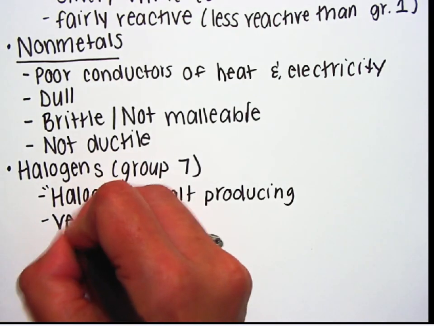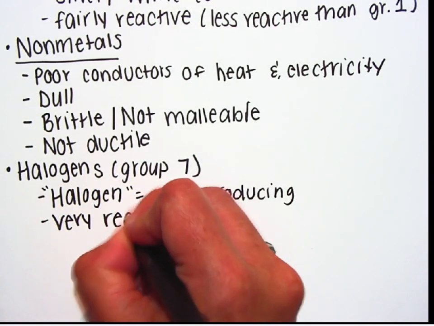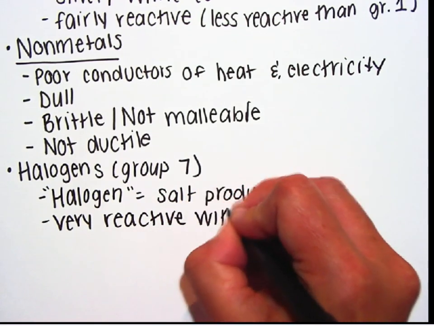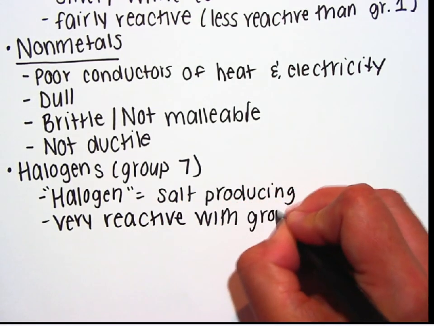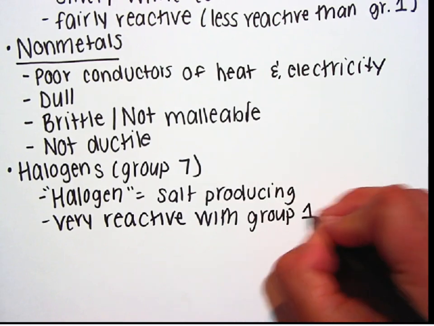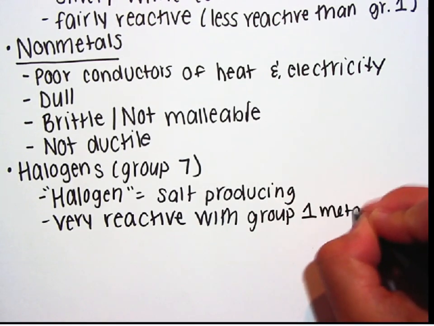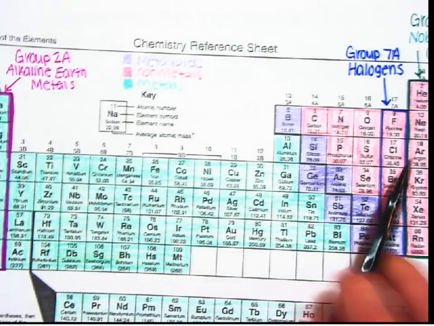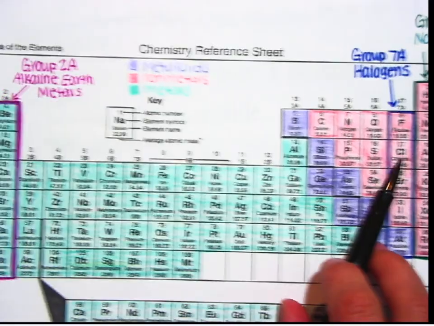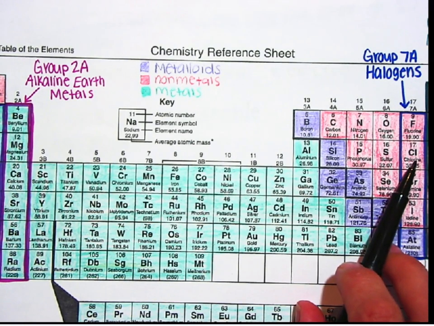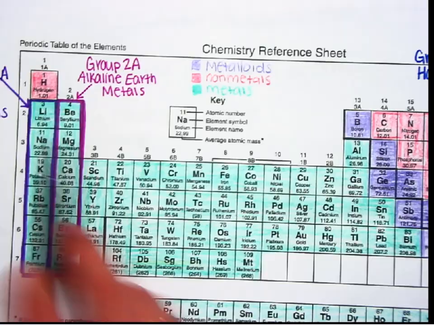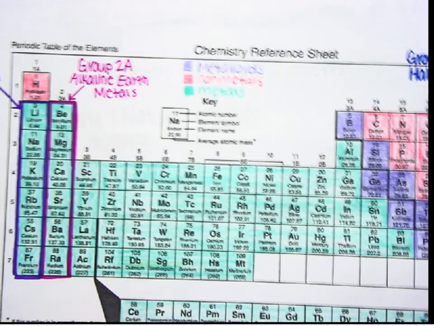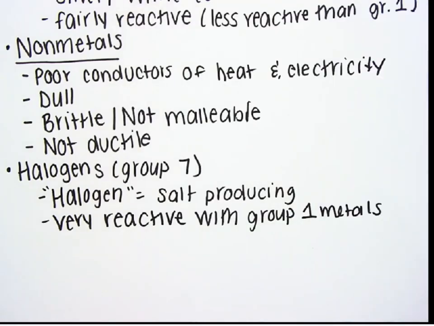The halogens are going to be very reactive with group 1 metals. So an example, one of our halogens is chlorine. Group 7 halogens are really reactive with group 1 metals like sodium. So sodium and chlorine can react to form sodium chloride, which is table salt.